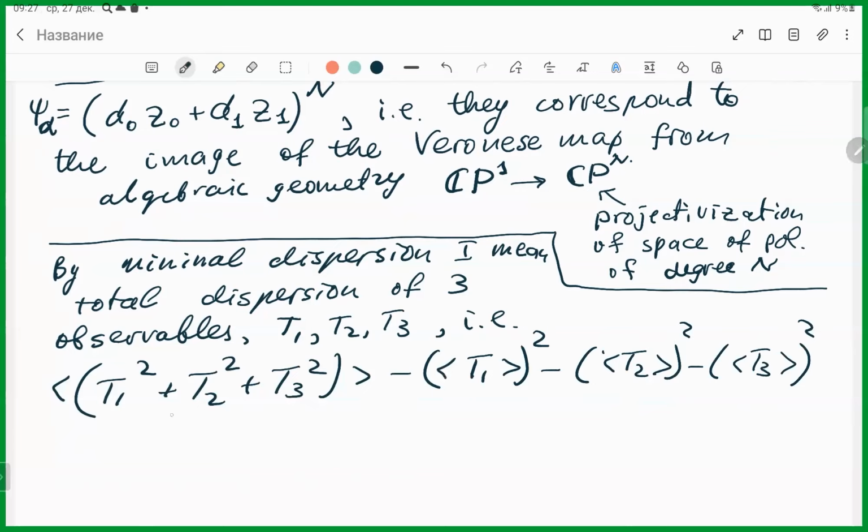Now I am pleased to note that the first object is a number. It is n over 2, n over 2 plus 1. So the total dispersion equals this minus the sum of squares of averages.